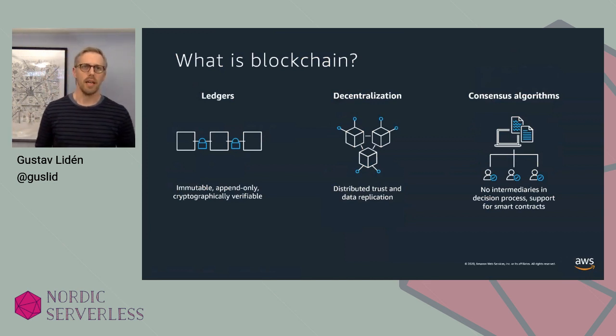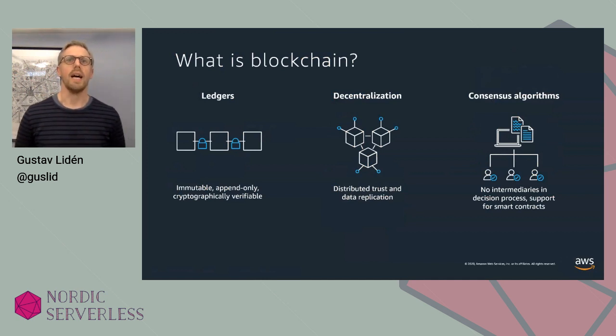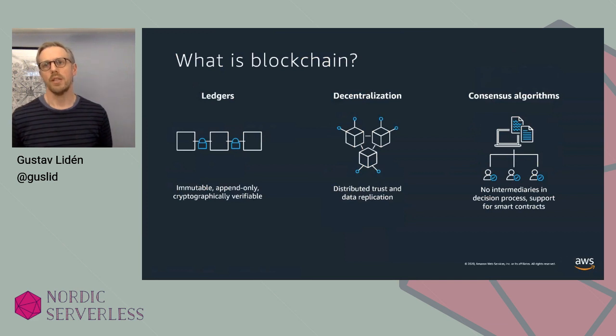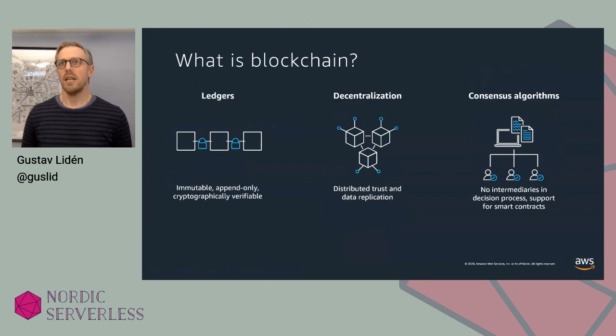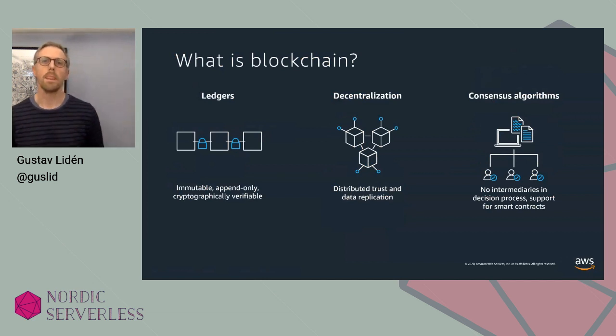You have the immutable append-only ledger. You have the decentralized business context where you want to achieve trust in a distributed system or with distributed actors without having a central authority. And then you create smart contracts and other types of consensus algorithms on top of the two former.